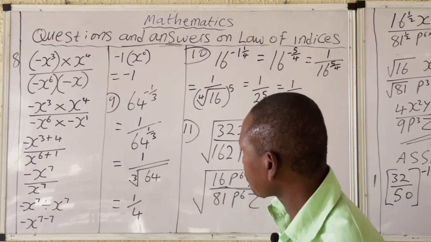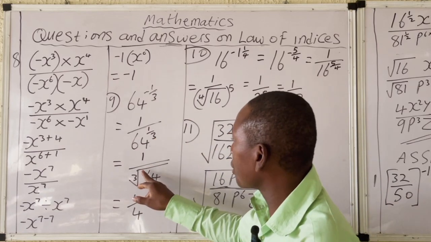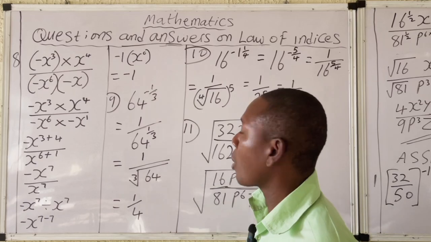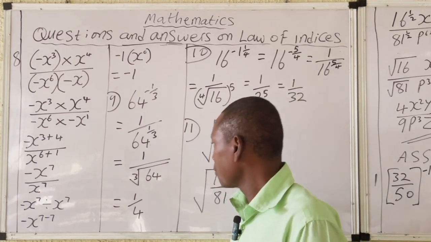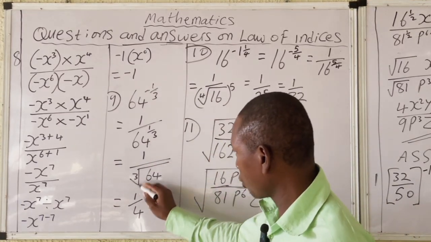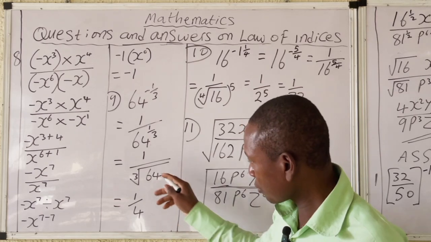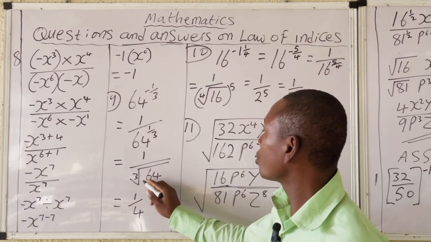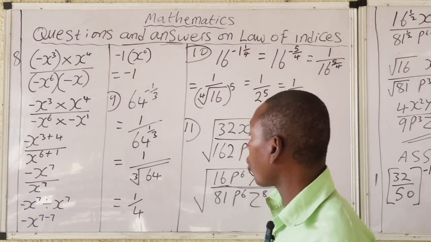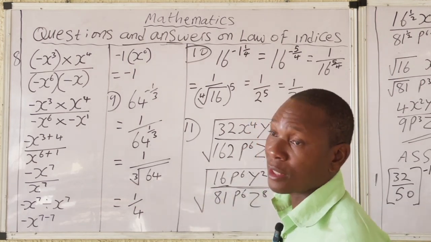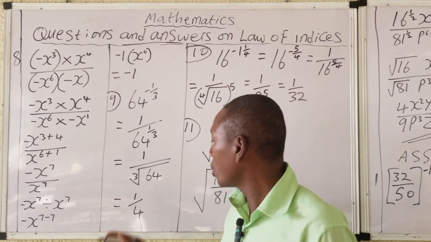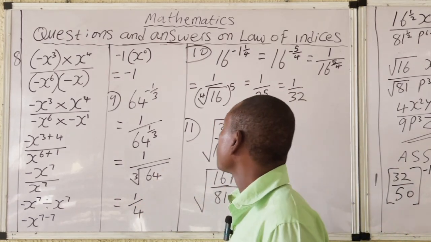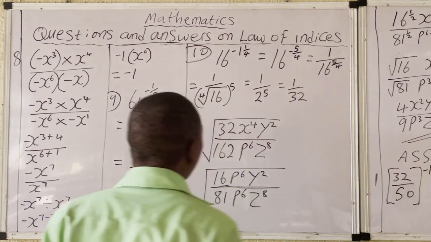Now remember, the denominator is 3, so it's cube root. 64 is now raised to the power 1, but since it's one value, there's no need. So we now have 1 all over cube root of 64. Cube root of 64 is actually 4, so we now have 1 all over 4. Remember, how did I know the cube root of 64? You can use your calculator, or 4 times 4 is 16 times 4 again is actually 64. So you realize that cube root of 64 is actually 4.